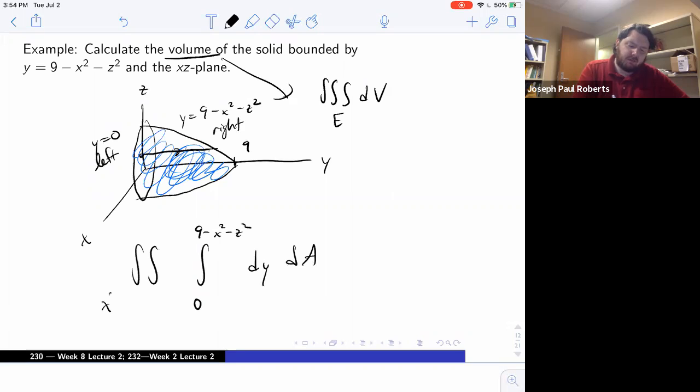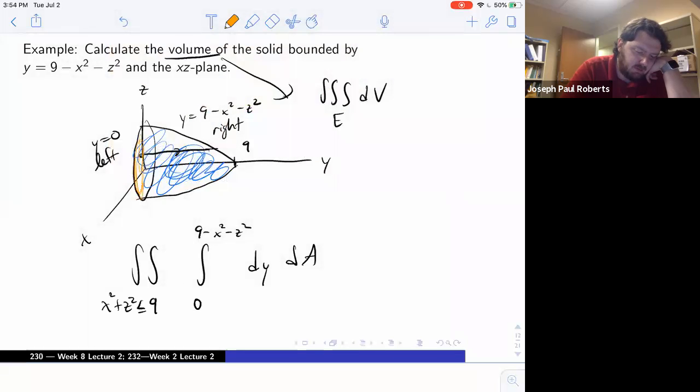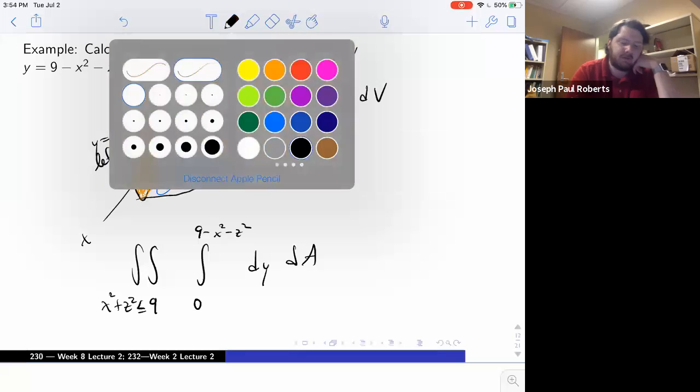And then we could do the same kind of thing as we did a couple examples ago, where we leave the outer bounds just as the disk x squared plus z squared less than or equal to 9. We don't have to write out the x and z bounds because we're probably going to switch to polar coordinates to deal with that.